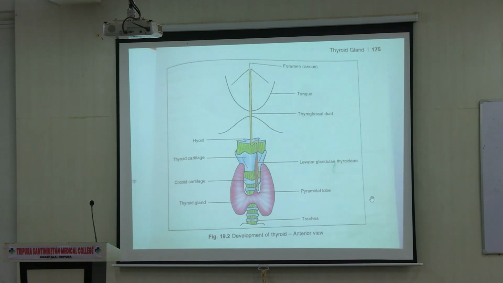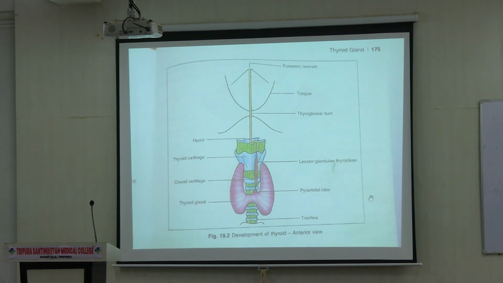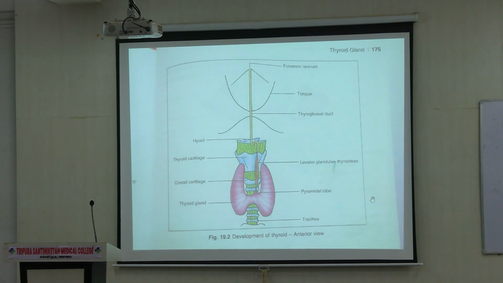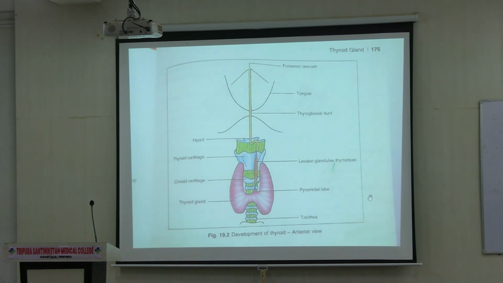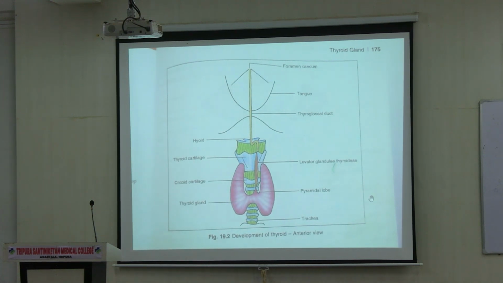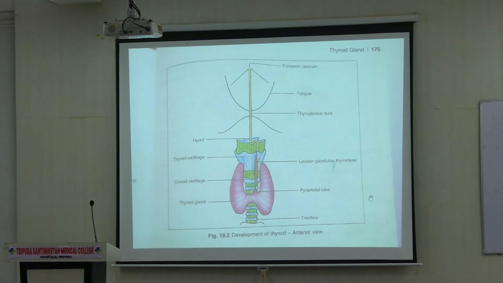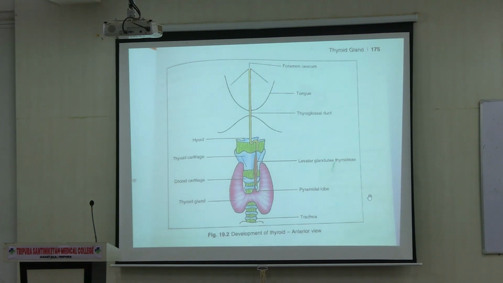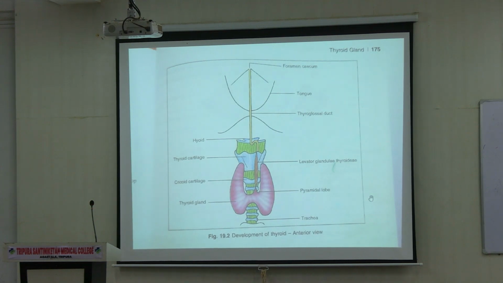Very good. It may compress esophagus. If esophagus is compressed, will you be able to swallow? No. Then what is the name of that condition? Dysphagia. If trachea is compressed, then what will happen?